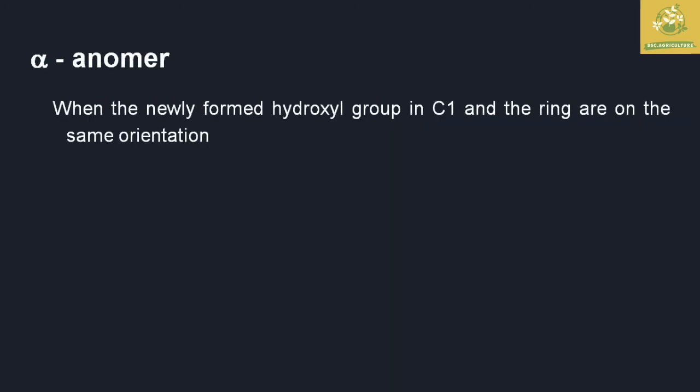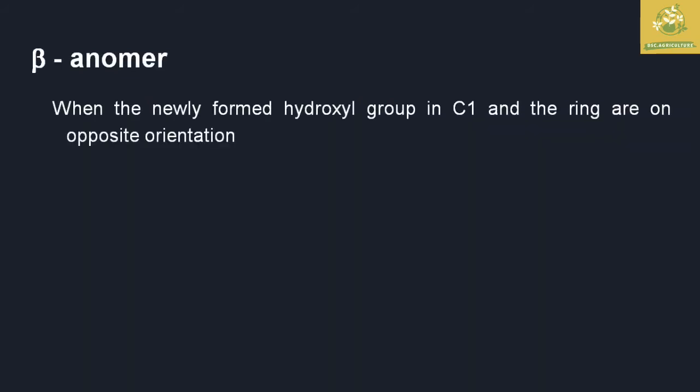In the alpha anomer, the newly formed hydroxyl group on C1 is in the same orientation as the ring, and it is known as alpha anomer. In the beta anomer, the newly formed hydroxyl group on C1 is in the opposite orientation, and it is known as beta anomer.